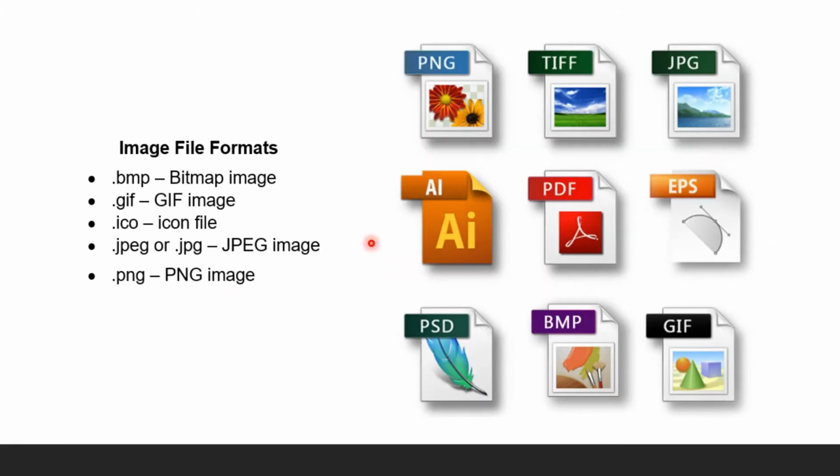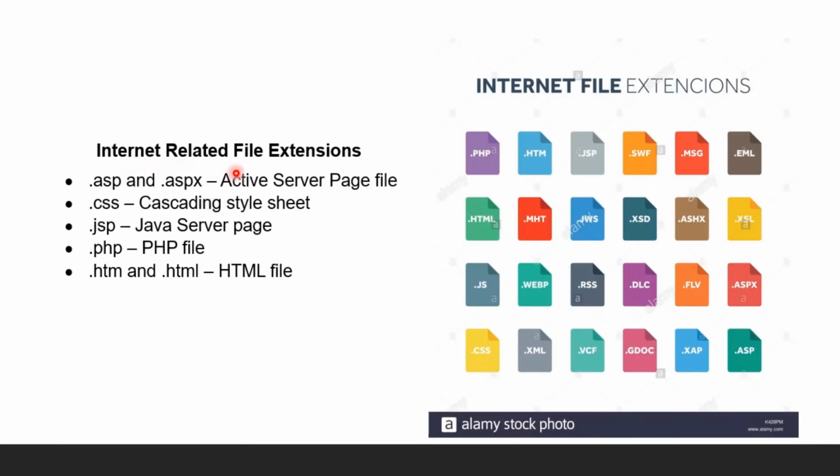We also have file formats for images: .gif, .ico, .jpeg or .jpg, .png. Internet-related file extensions, which others call web pages: we have .css, .php, and .html as the most common.